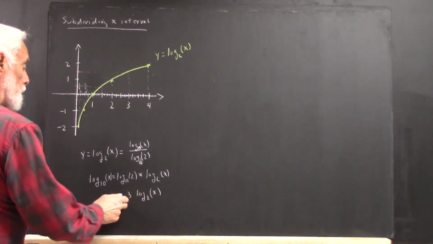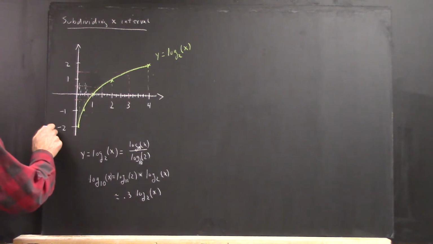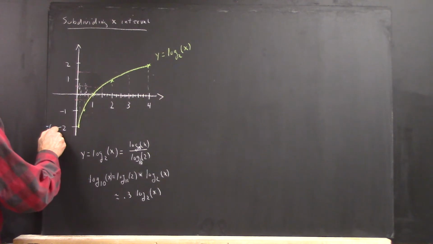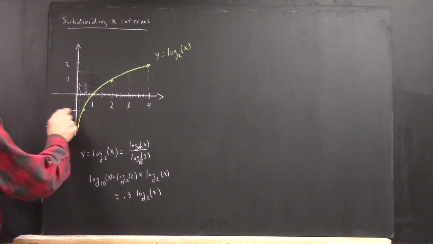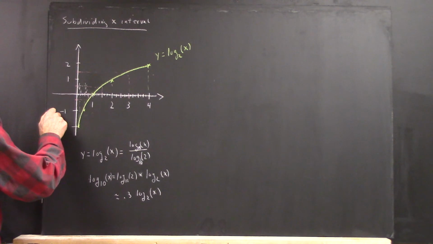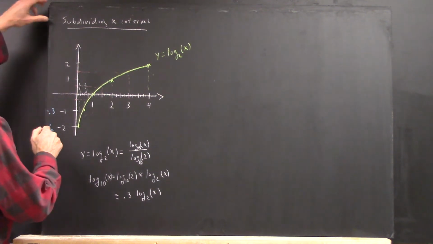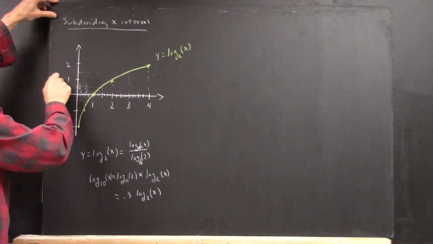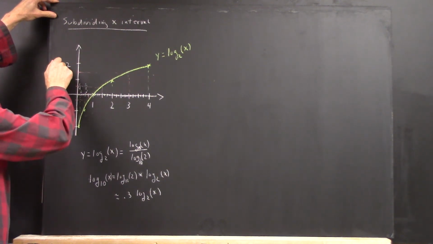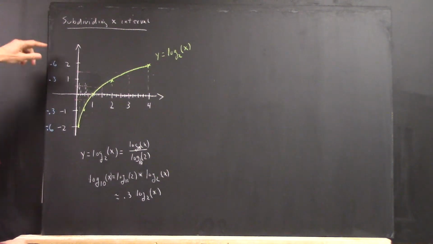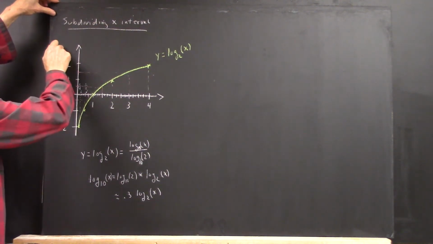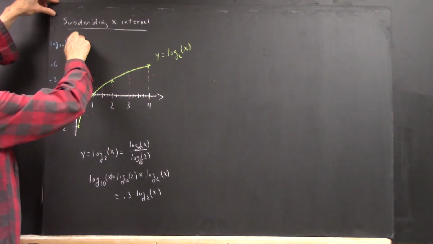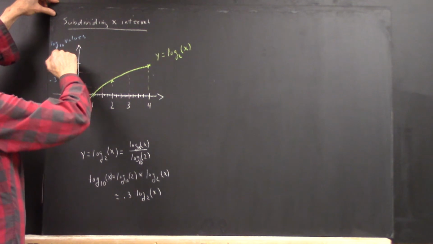Since I'm multiplying all my y values now by 0.3, that's what I do here. 0.3 times negative 2 is negative 0.6. 0.3 times negative 1 is negative 0.3. 0.3 times 0, of course, is 0. 0.3 times 1 is 0.3. 0.3 times 2 is 0.6. So there I have my log base 10 values.